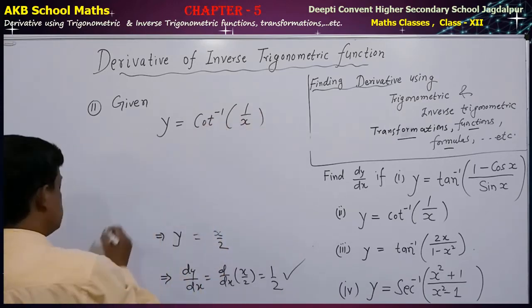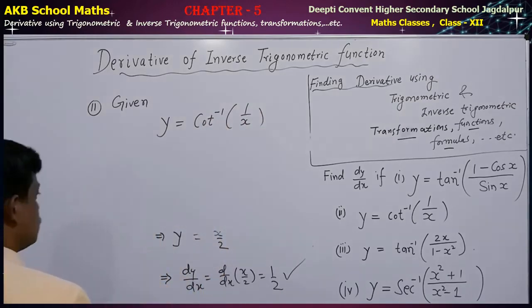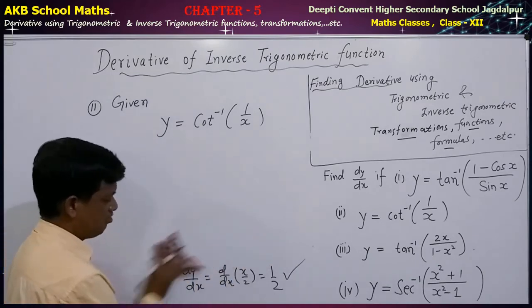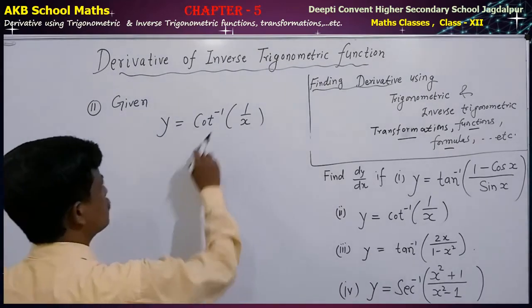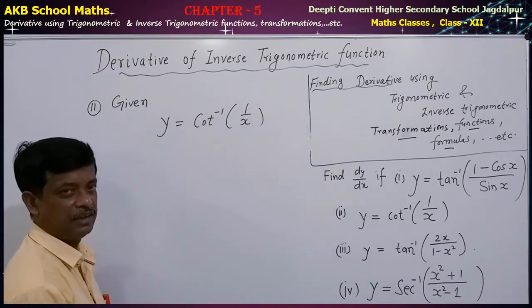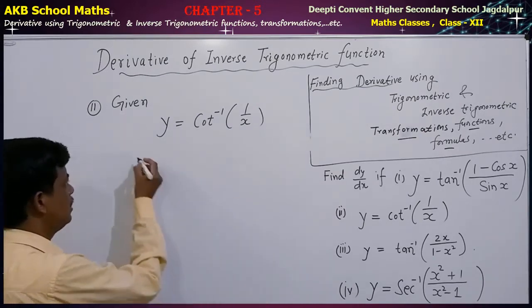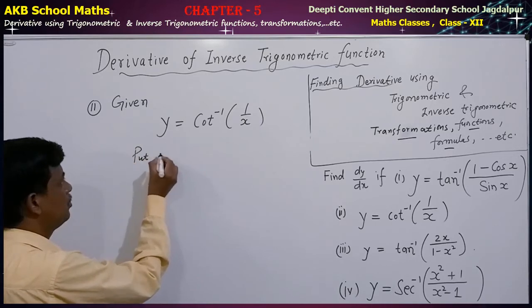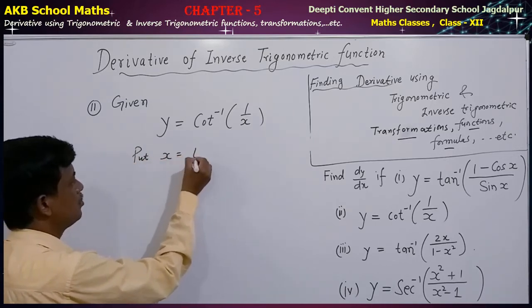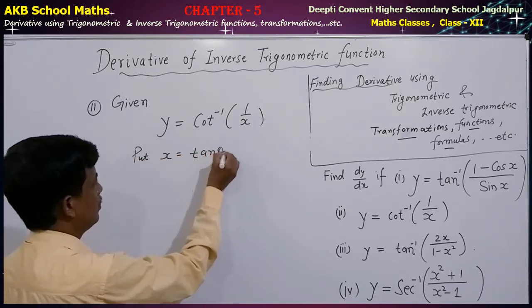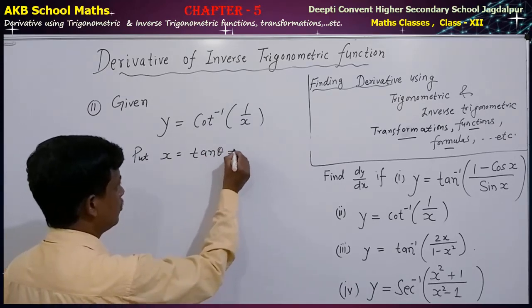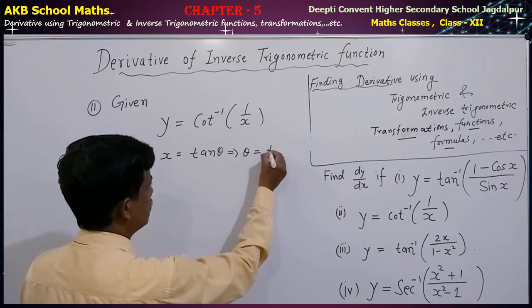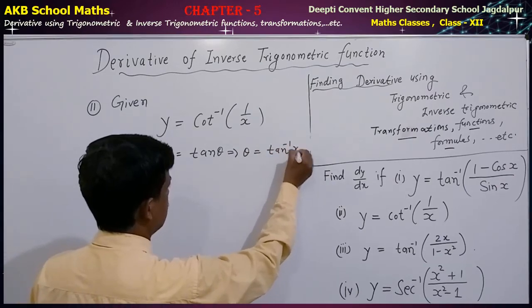Here we know from inverse trigonometry that this equals tan inverse x. In another way you can say, put x equals tan theta. Then from here you know theta equals tan inverse x.